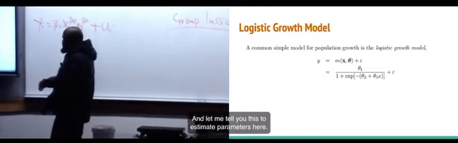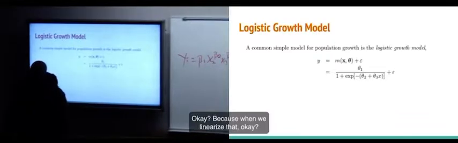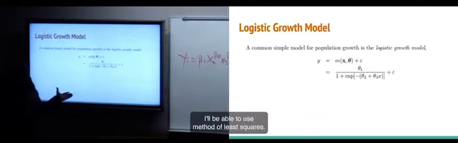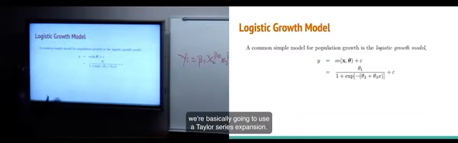To estimate parameters here, because this is an intrinsically nonlinear model, we may not be able to linearize it and use the method of least squares. Because of that, we're basically going to use a Taylor series expansion.